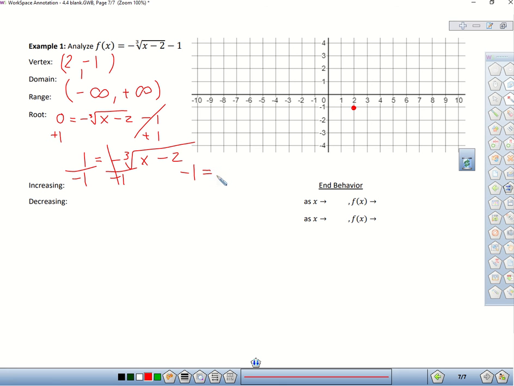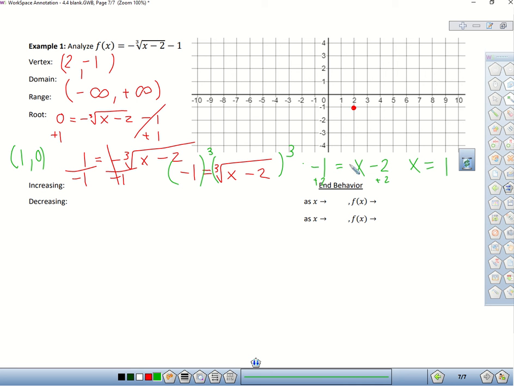And we get -1 equals the cube root of x minus 2. Now remind me, how do I get rid of the cube root? Put it to the third power. -1 to the third power is -1. And this just becomes x minus 2, which means x is equal to 1. Is that correct? What do you guys think? Yeah. So my root here, and I kind of ran out of room, so sorry it's messy, is 1, 0.